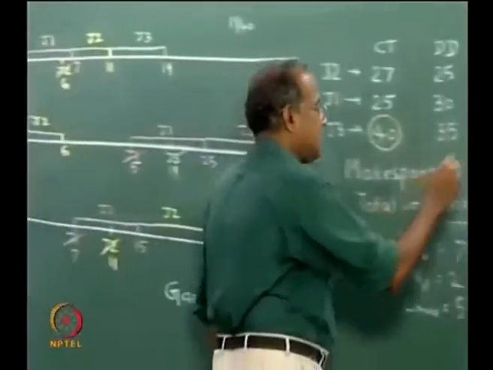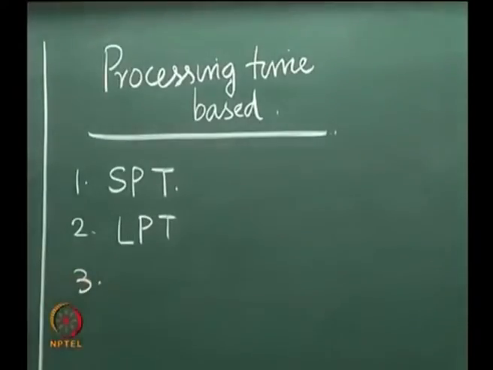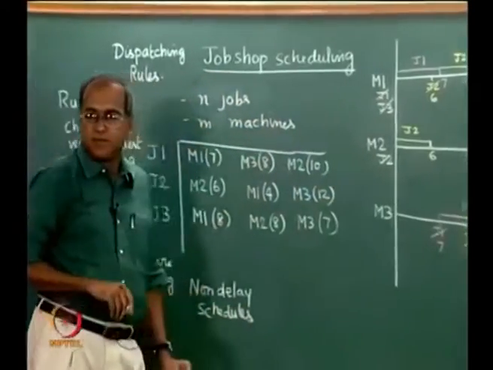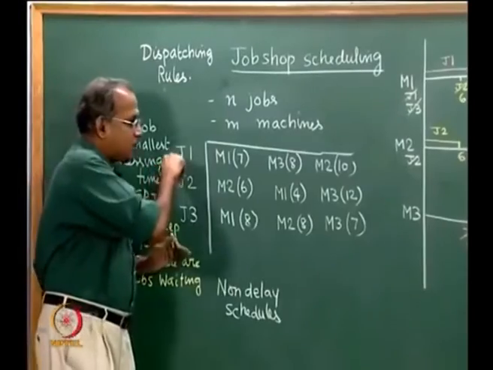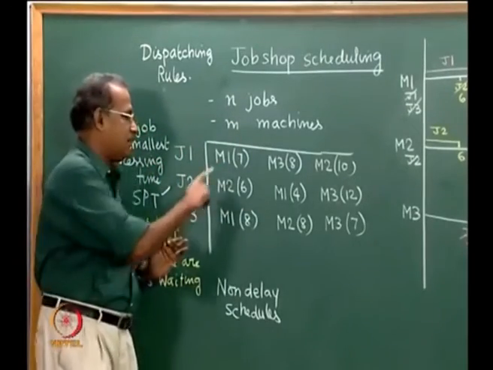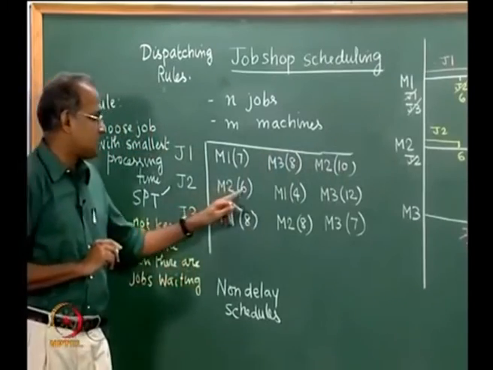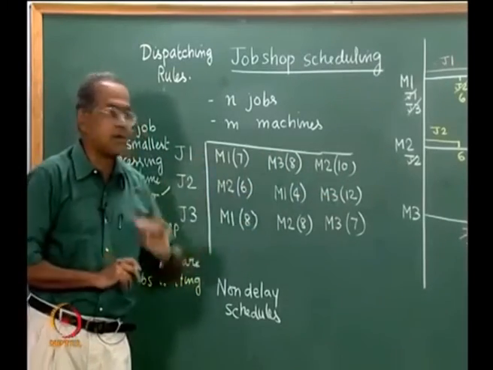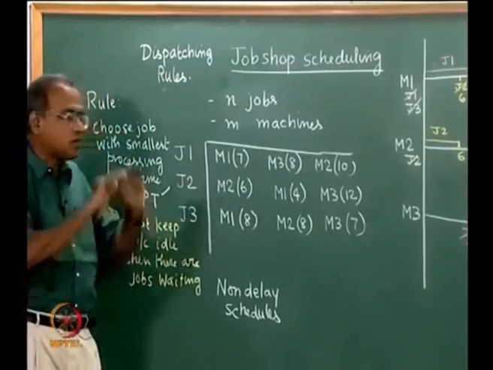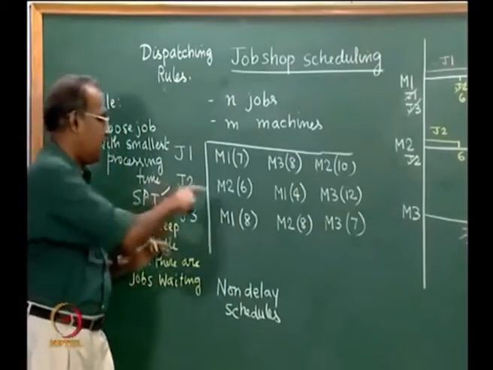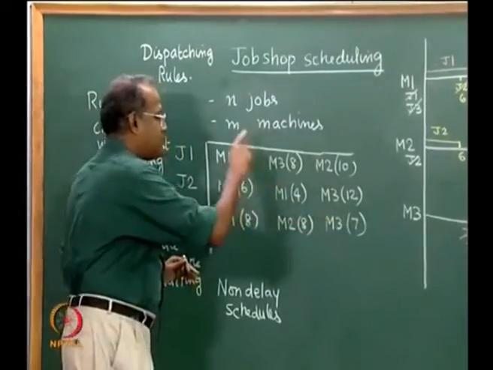Now, instead of SPT, we could have considered, for example, we had to choose between J1 and J3. Now, let me look at what is the total processing time on J1. 7 plus 8, 15 plus 10, 25. So, total processing time for J3, I am sorry, 8 plus 8, 16 plus 7, 23.